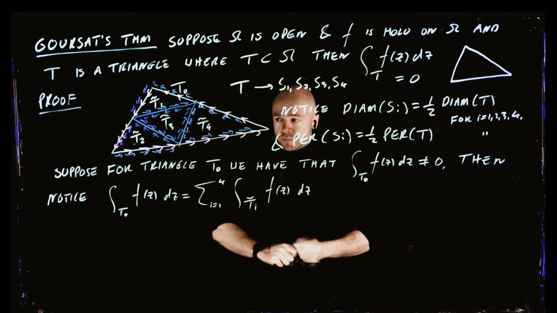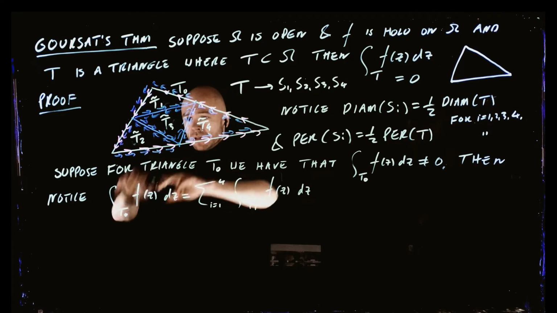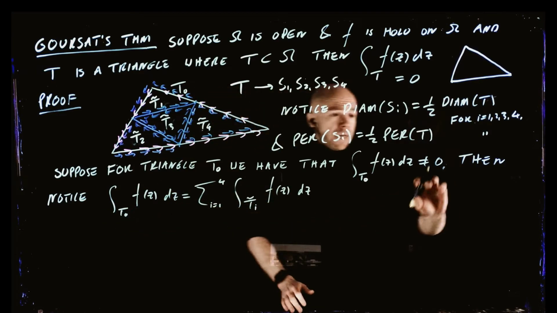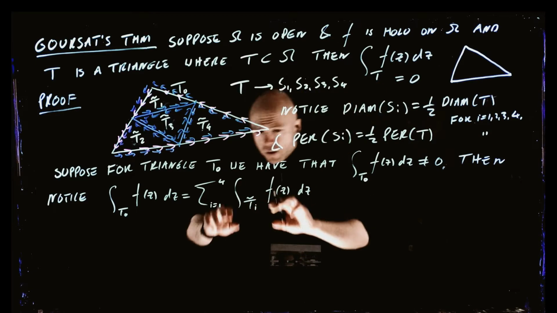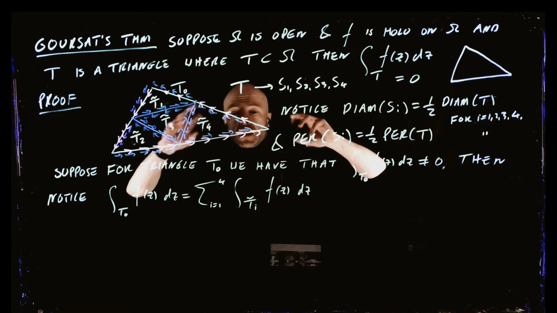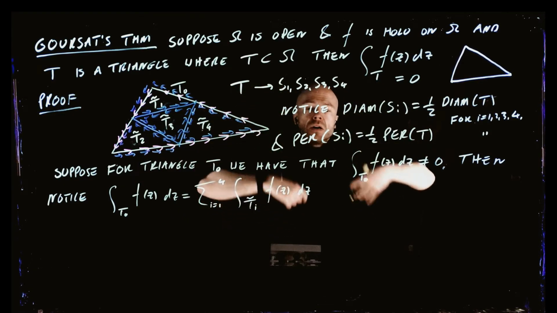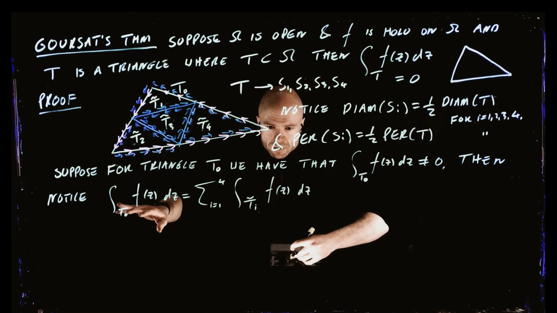So if this is non-zero, then at least one of these is going to have absolute value at least a quarter of this.